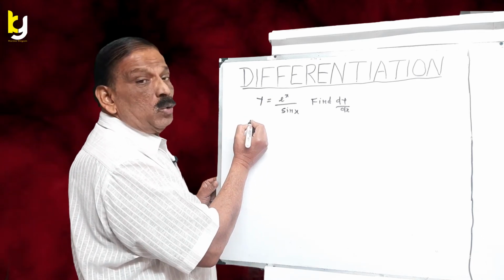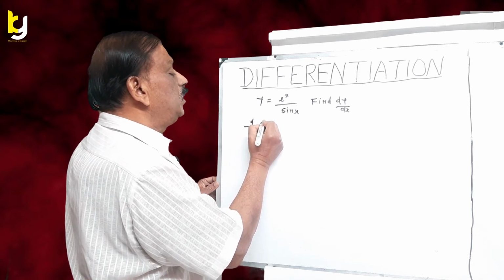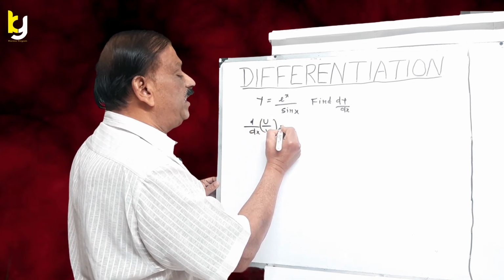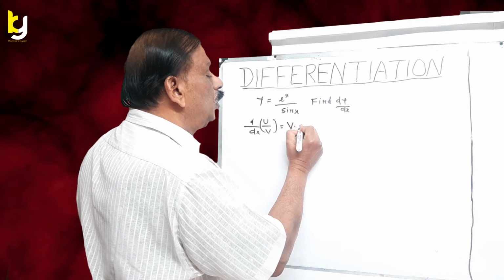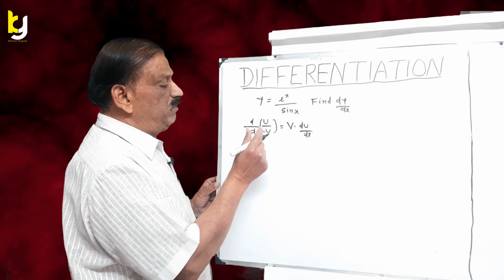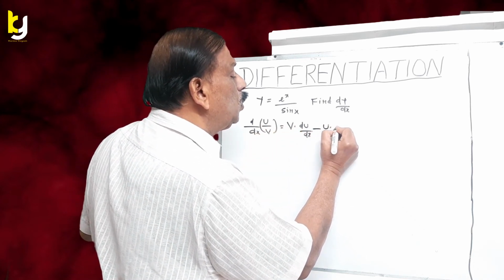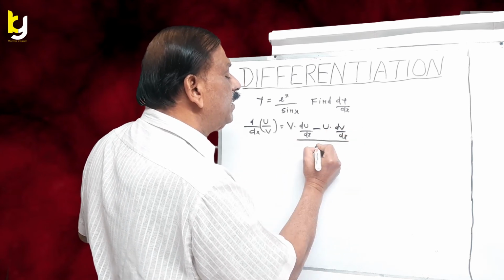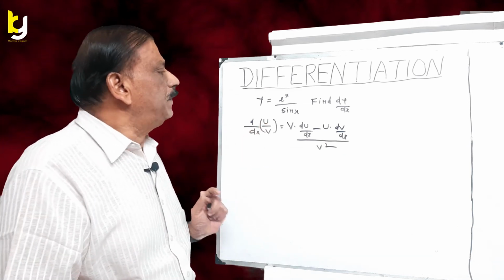We know quotient rule of differentiation, that is d by dx of u by v, where u and v are functions of x. d by dx of u by v equal v into du by dx minus u into dv by dx whole divided by v square. This is known as quotient rule of differentiation.